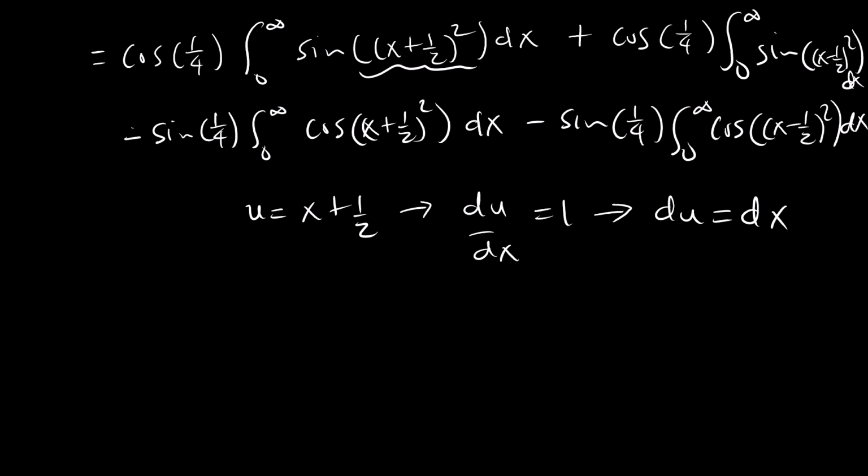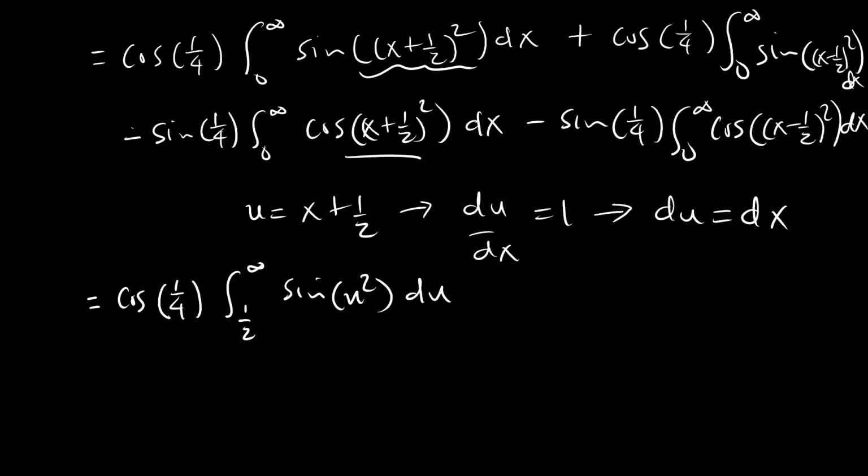It means that when x equals 0, u equals a half. Same thing for the cosine term, with a minus sine of a quarter.